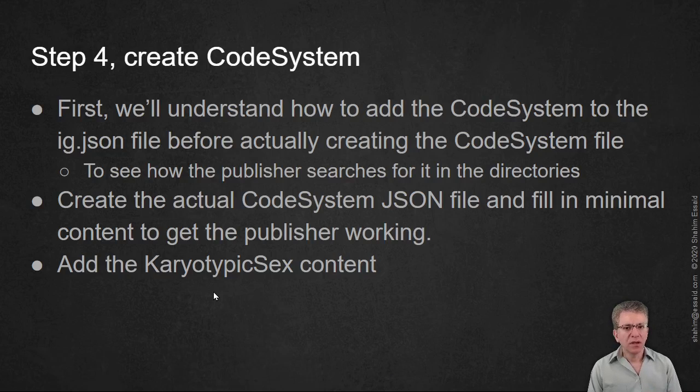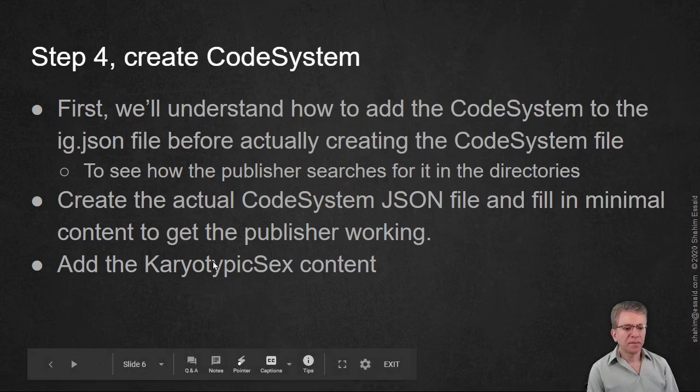Whatever's in there, it will be included in the published IG by default. But I'll show how to add a parameter to not include things that are not explicitly mentioned in the ig.json file. So I'll add that parameter first, and then we'll specify in the ig.json file that there is a code system. We'll put the information needed, and then the IG publisher is going to go and try to find it in those folders, but it's not created yet, so it's going to give us an error. But there is useful information in that error to understand how the publisher searches for these things.